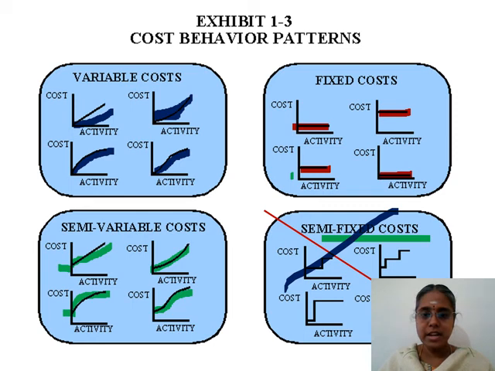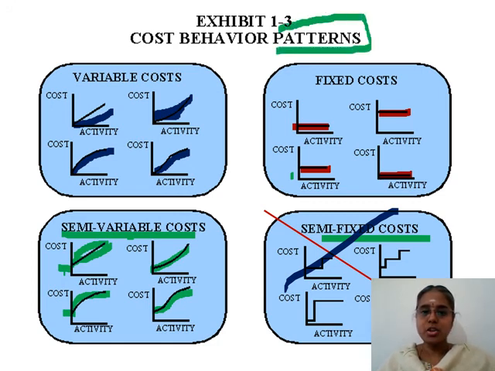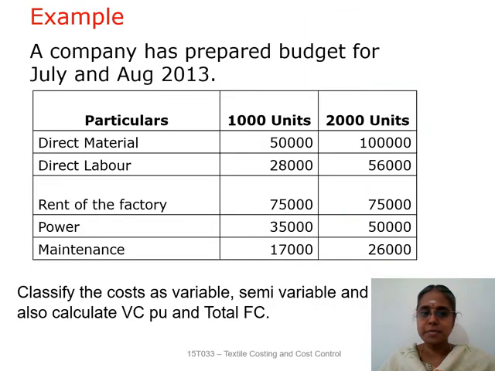If it is a straight line that does not start at zero, and it is not proportionate either, it may be proportionate after some component, but these are semi-variable costs. So I hope you are clear that from the patterns you will be able to identify whether it is variable, semi-variable, or fixed cost.